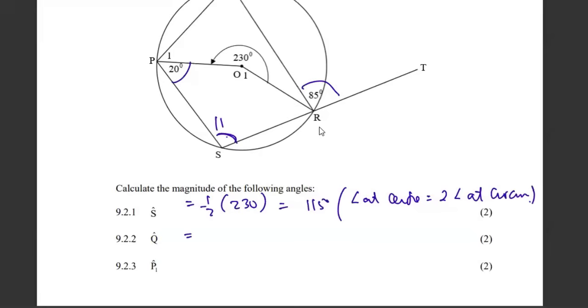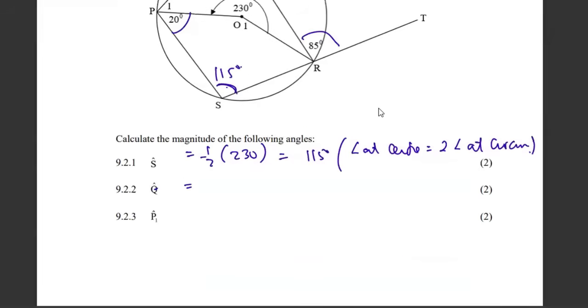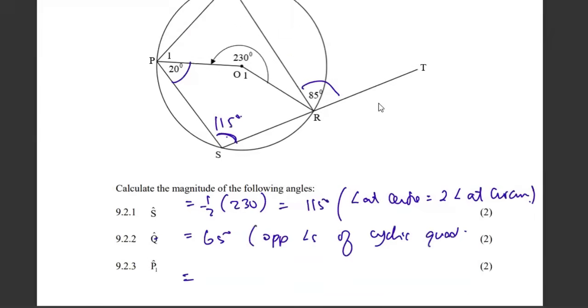Okay. And then they want us to get the size of Q. Okay, so if this is 115, this is a Q. So Q must be a 65 because those are the opposite angles of a cyclic quad. And then we need to find P1. So we know that the whole of this P should be equivalent to the whole of the 85 because of the exterior angle.